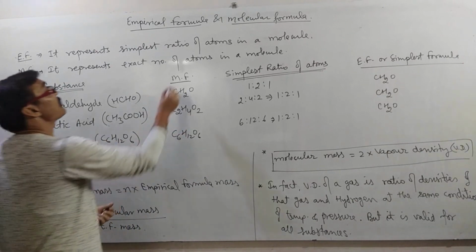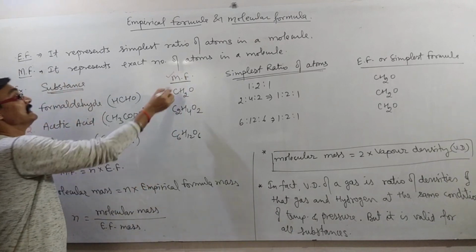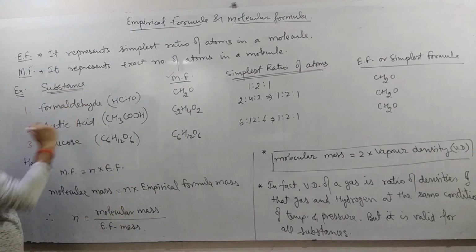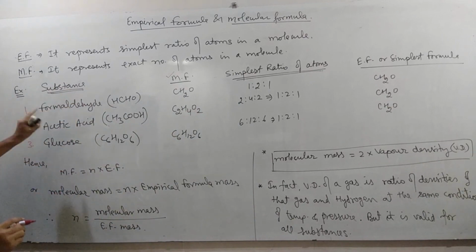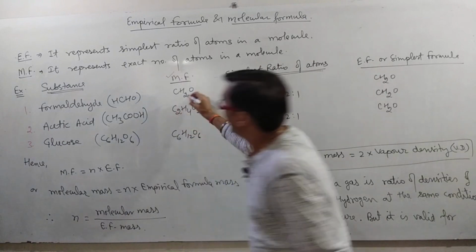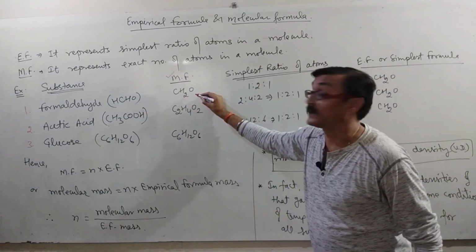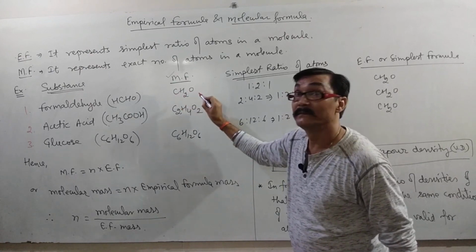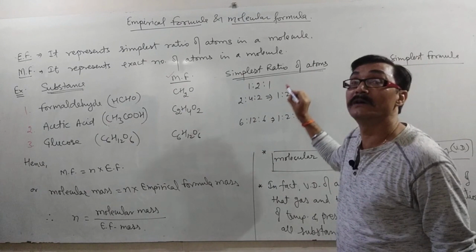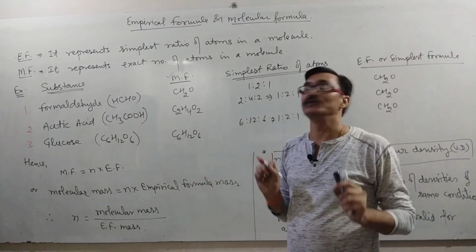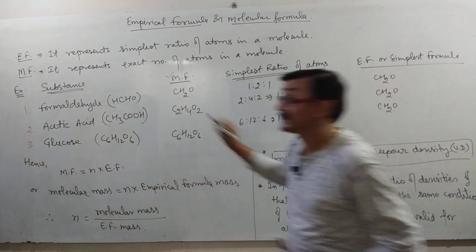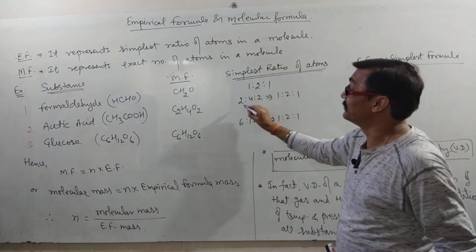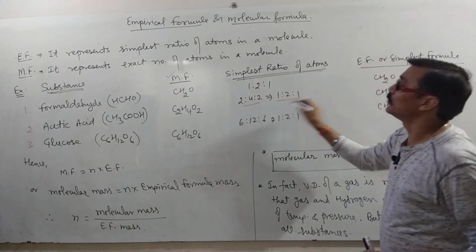Here, the ratio of the different elements, that is carbon, hydrogen and oxygen, is 1:2:1, which is the simplest ratio, while in the case of acetic acid the ratio is 2:4:2, but the simplest is 1:2:1.